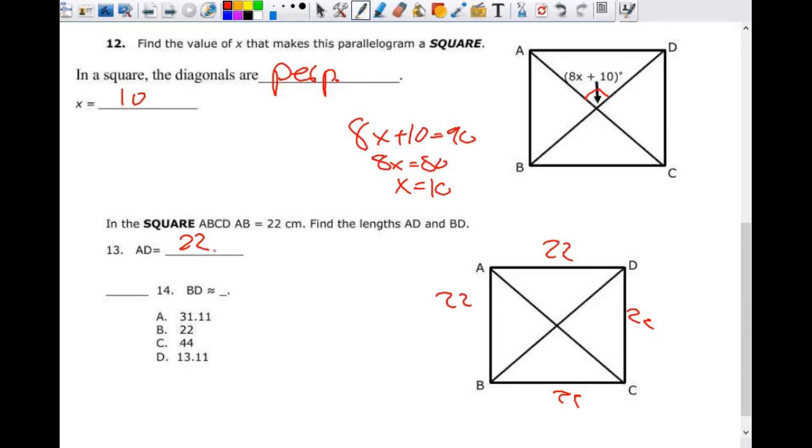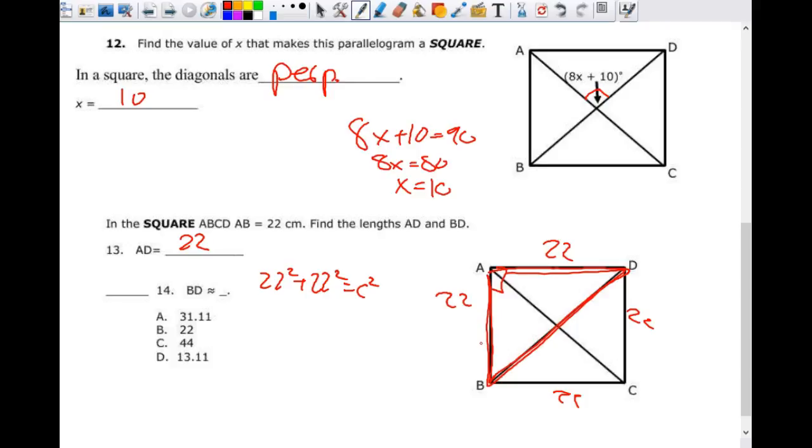And we know this side here is formed from this right triangle right here. So we can use the Pythagorean theorem. 22 squared plus 22 squared is equal to c squared. That's what we're looking for. What's 22 squared? I have no idea. So I'm going to do 22 times 22.